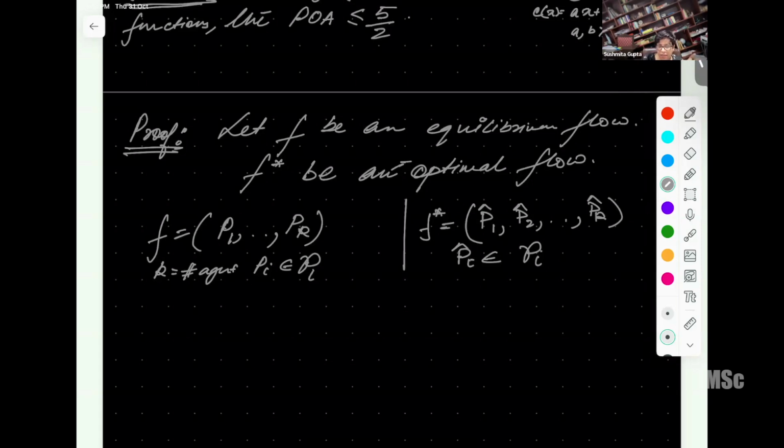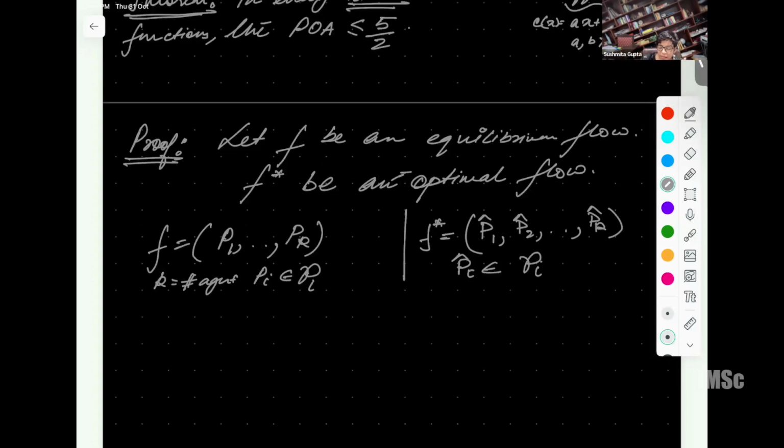The fact I assumed then was just to define the price of anarchy as the cost of any equilibrium flow divided by the optimum flow. If you have multiple cost flows, then the price of anarchy would be defined as the worst equilibrium flow divided by the optimum flow, right?